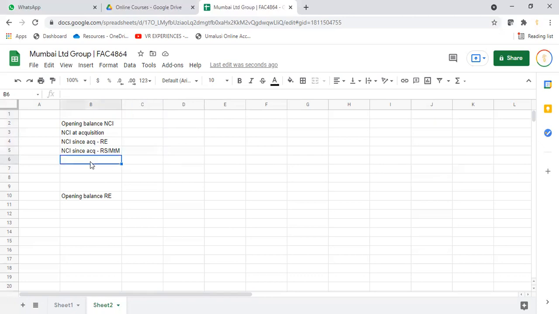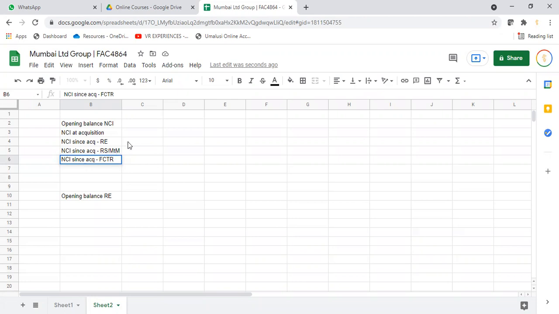Then I just want to show this separately. It's NCI, and it's only applicable for FCTR. So NCI since acquisition for FCTR. Remember, you can only have NCI if you have a subsidiary. So this only relates to subsidiaries.